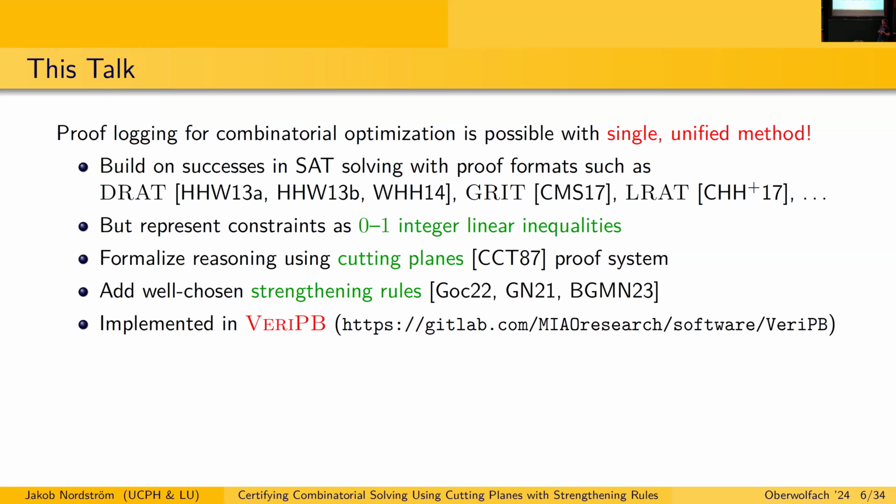Zooming out a little bit, the empirical observation is that if you're looking at cutting-edge combinatorial solving, these solvers that have to run really, really fast and solve problems with millions of variables, whatever clever tricks they can pull off is something that you can formalize in cutting planes. And also formalize with very low overhead. We'll get to that in a minute.